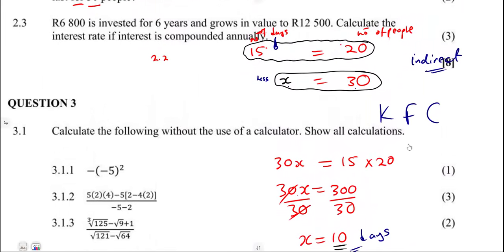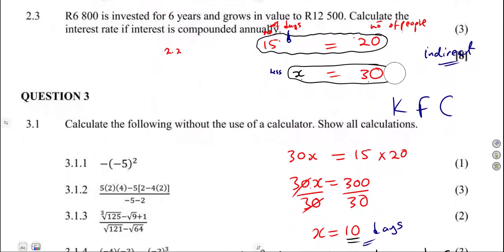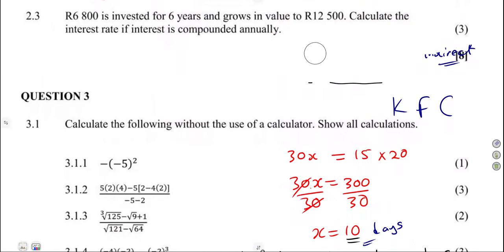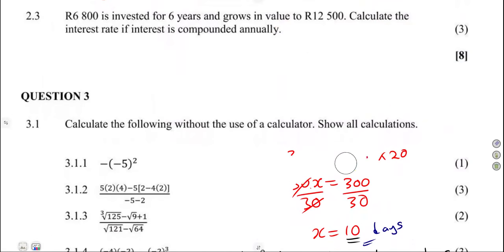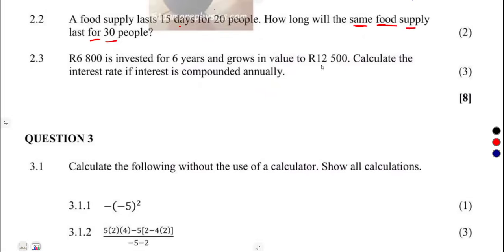In this case, indirect proportion can actually be applied the way that we understand. There are many ways you can approach a case like this. Some can simply use it this way. If 15 days is equal to 20 people, what about 30 people? How many days? We know that this is less.